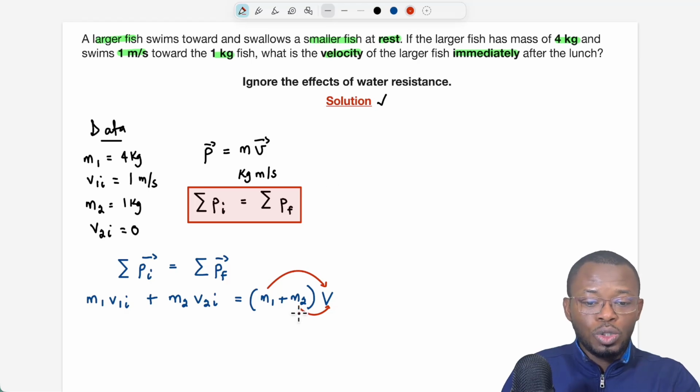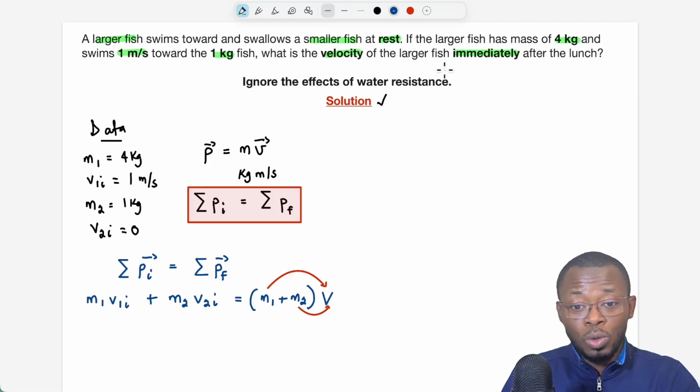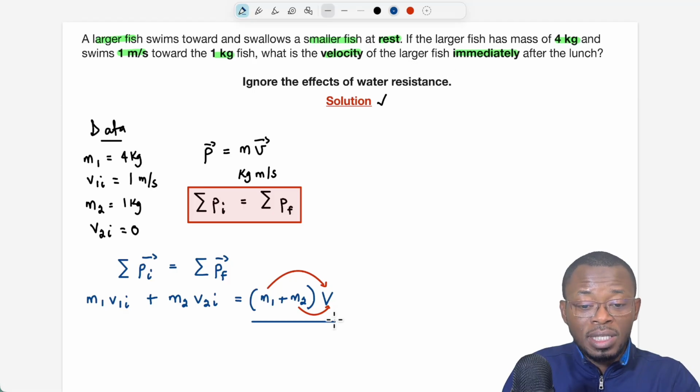Now the goal is to find V. We have to find the velocity of the larger fish immediately after swallowing. So to isolate V, we need to divide both sides of the equation by M1 plus M2.